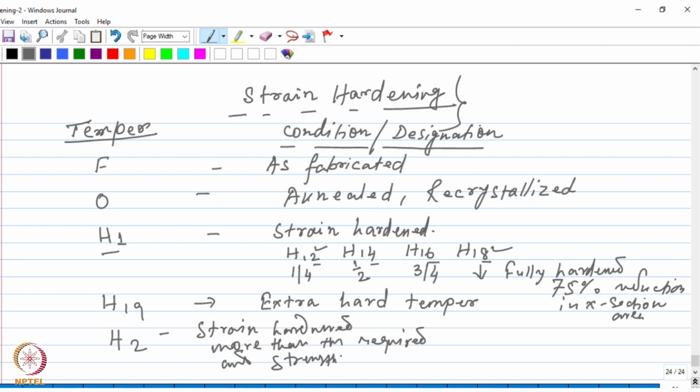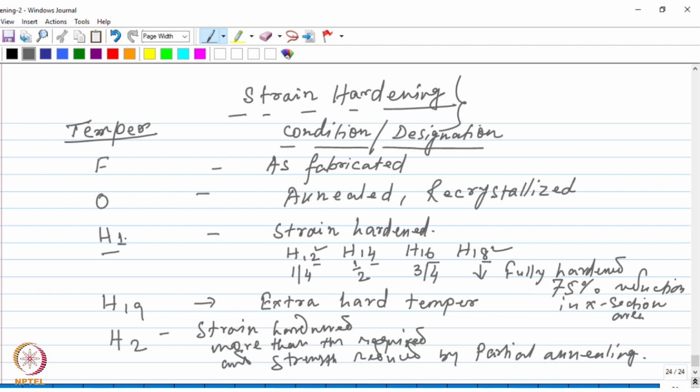So first it is extra hardened, and then the strength is reduced to the required level by partial annealing. So that is what H2 indicates.